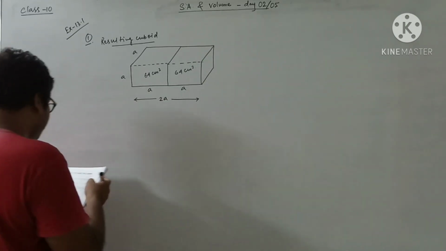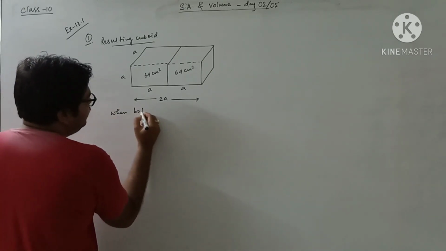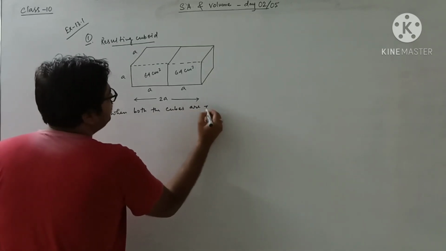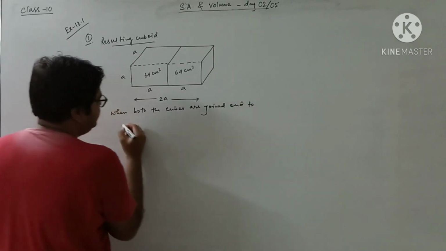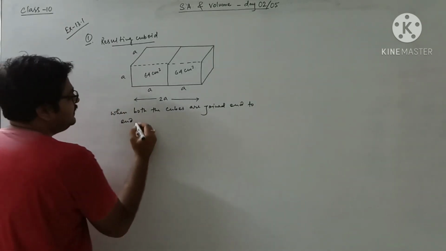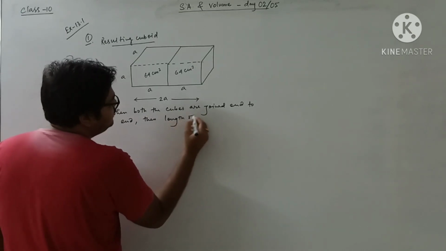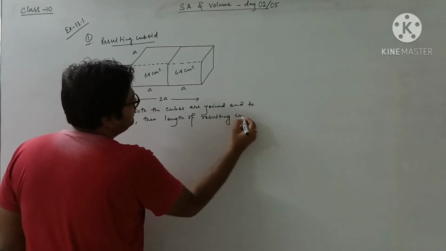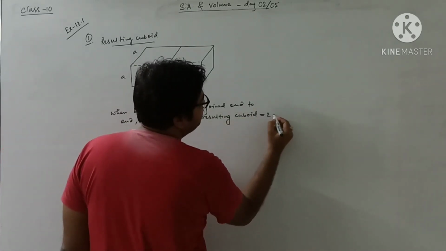So what do we write here? When both the cubes are joined end to end, then length of resulting cuboid equal to 2a.